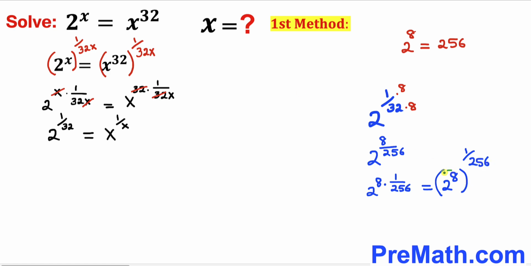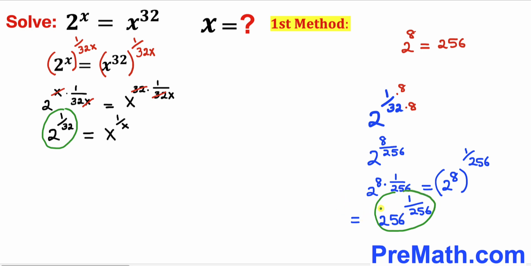And now we know that 2 power 8 is 256. So therefore, this is going to be equal to 256 power 1 divided by 256. So we can see that this left hand side, 2 power 1 divided by 32, turns out to be equal to 256 power 1 divided by 256.